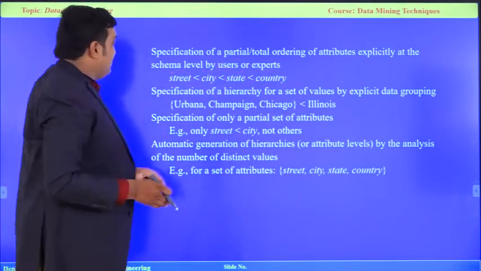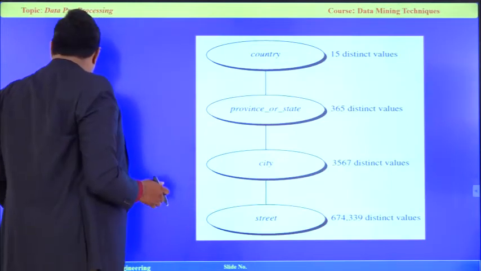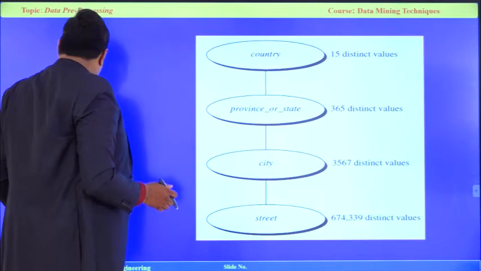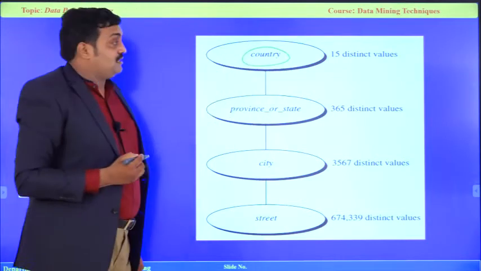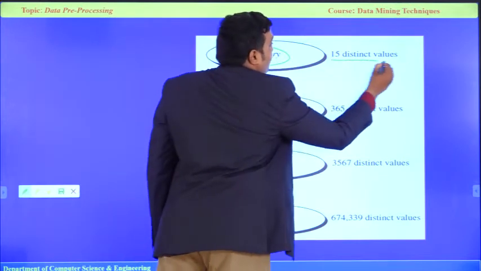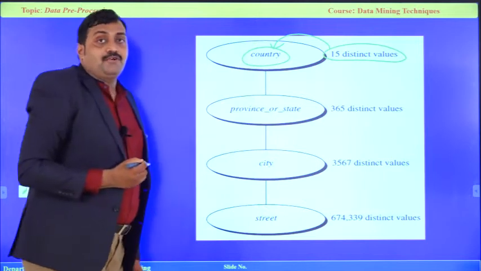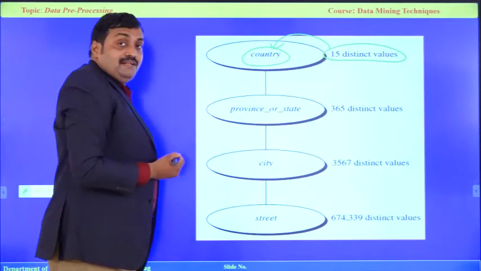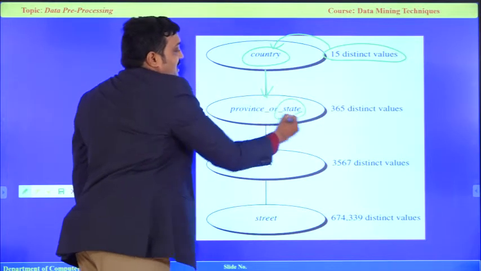See, a simple thing with an example. Whenever you are posting a card, first of all identify which country. So we have a lot of distinct values, and from those countries we pick one. From the country, next the province or state, as per the country.